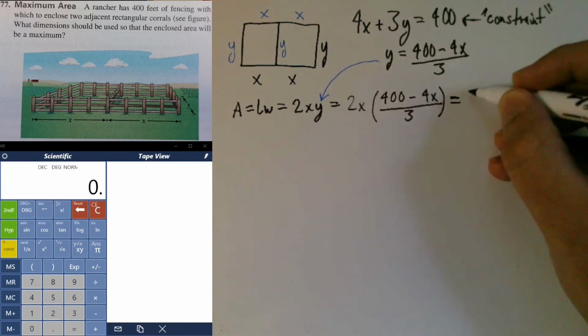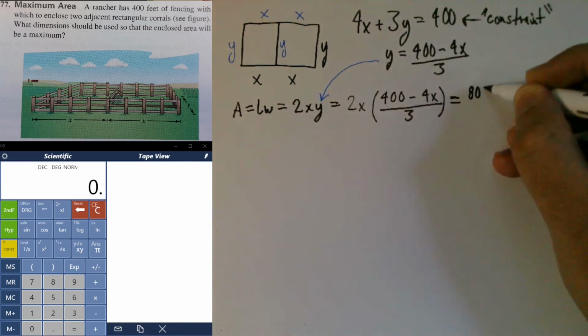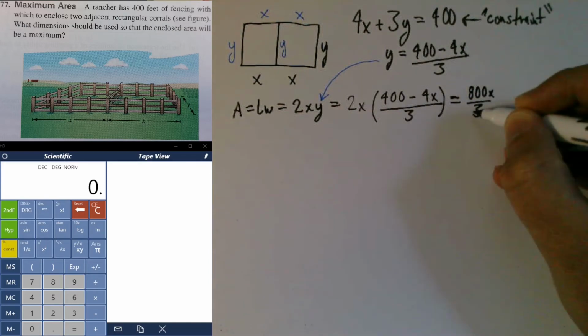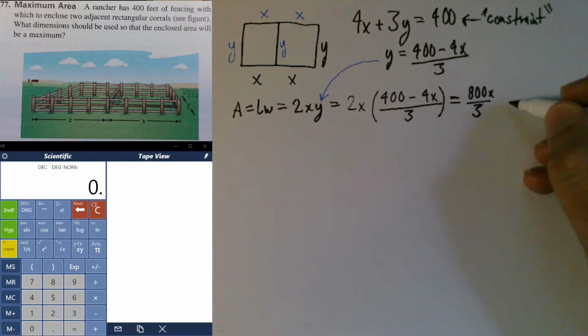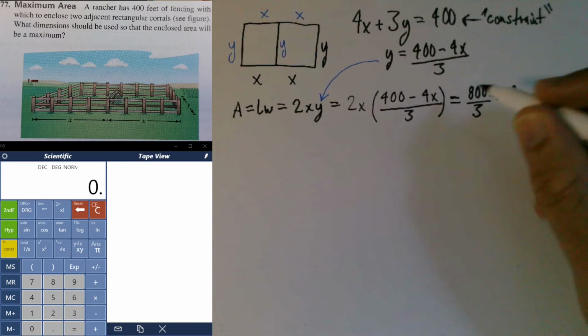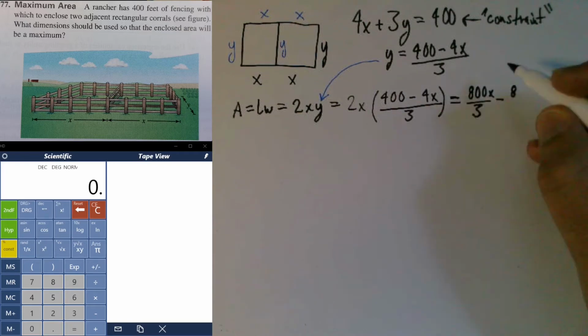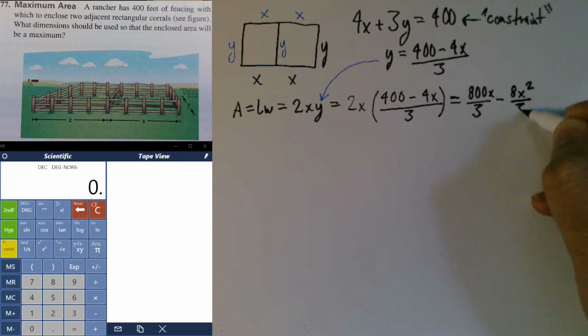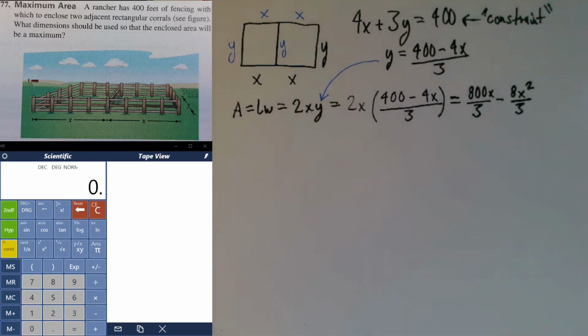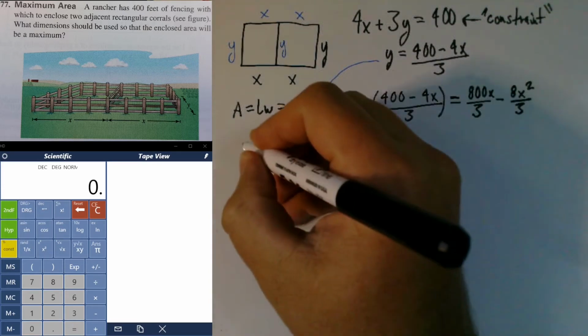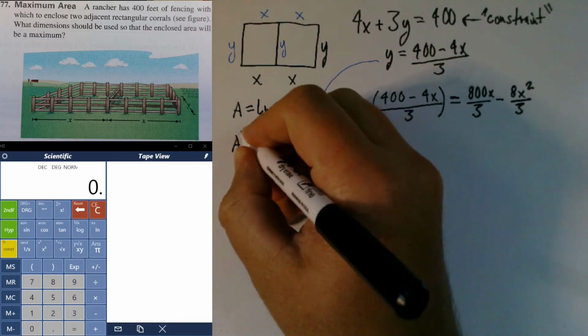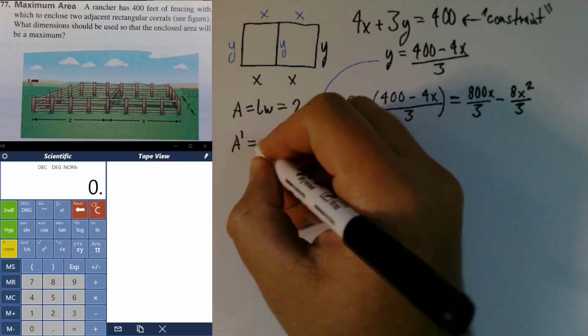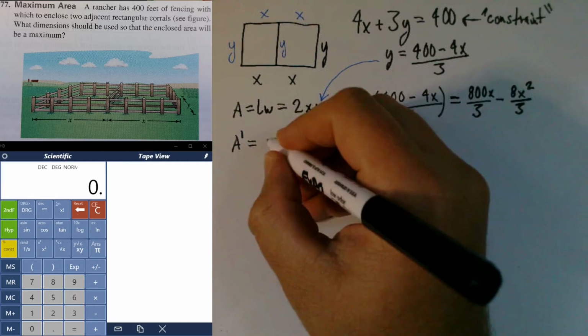We would have 800x over 3 minus 8, 2x times 4x is 8x squared over 3 again. We're now going to differentiate this area equation with respect to x and set it equal to 0 to optimize.